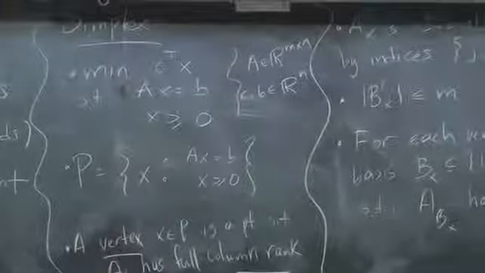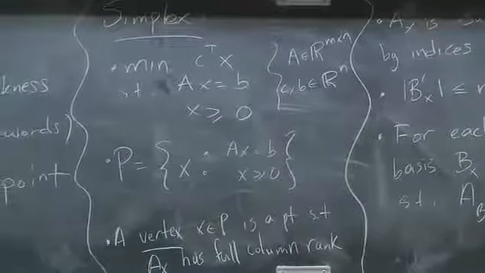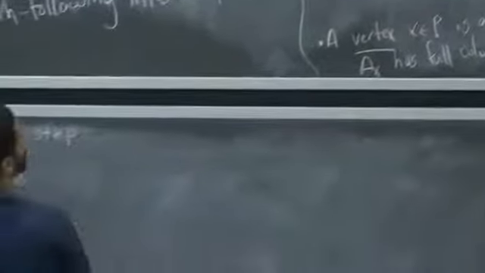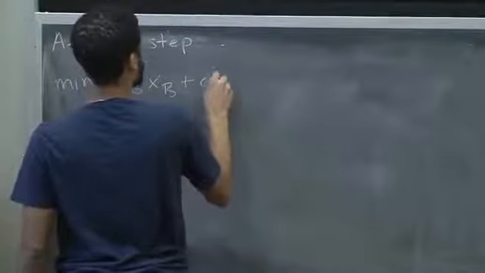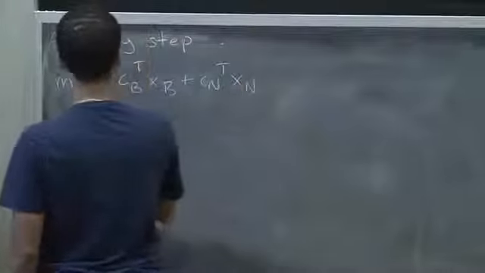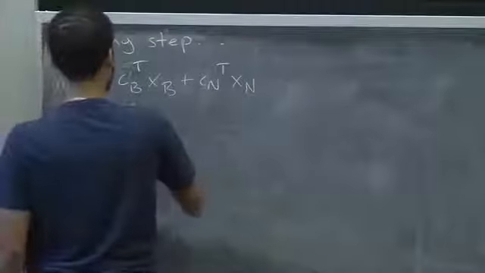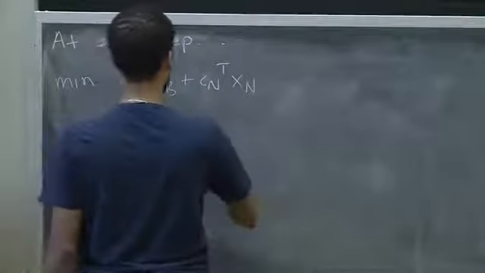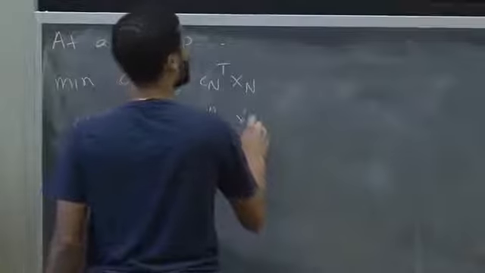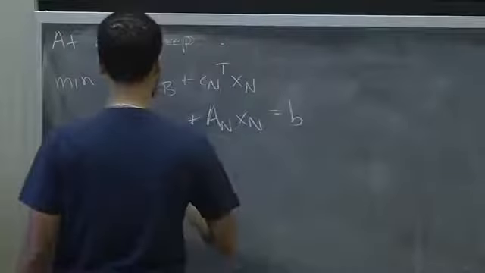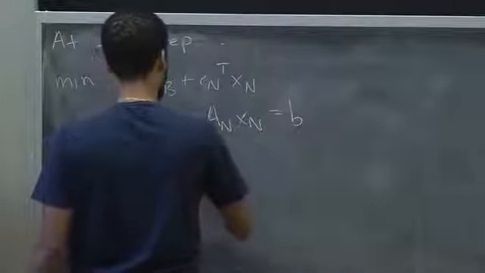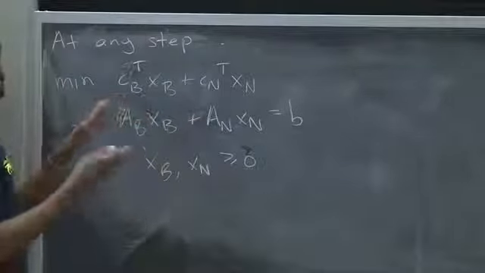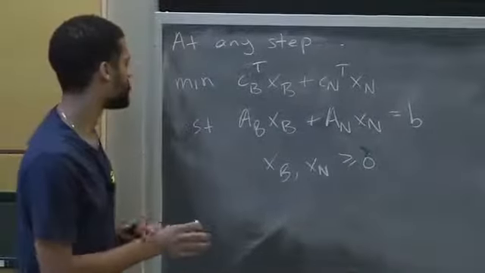I'm going to rewrite it as minimize c_B transpose x_B plus c_N transpose x_N, subject to the constraints that A_B x_B plus A_N x_N is equal to b, and x_B, x_N are bigger than or equal to 0. When I put a set as a subscript, I just mean projected to those coordinates.